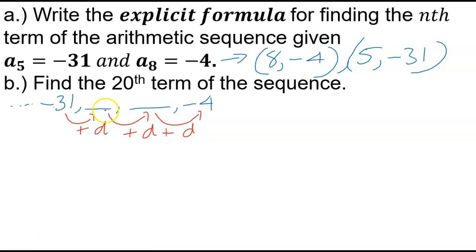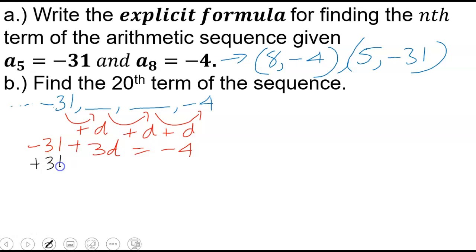If you see the pattern, when we have 2 numbers missing, we add the common difference 3 times because we have to add the last one to get the number we have. So we have -31 plus 3 common differences equals -4. And now we do the algebra. We are solving for D. We have to move everything to the left side, so we add 31 to both sides.